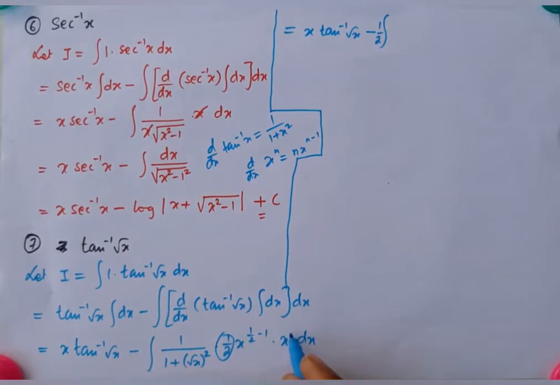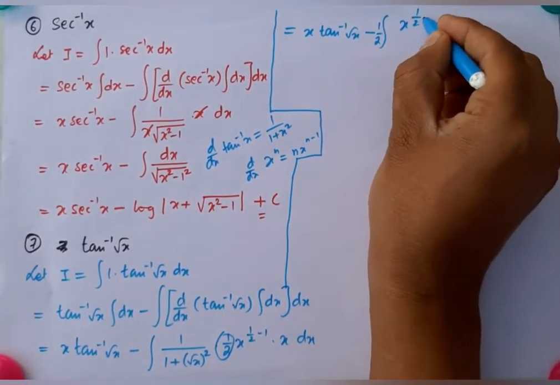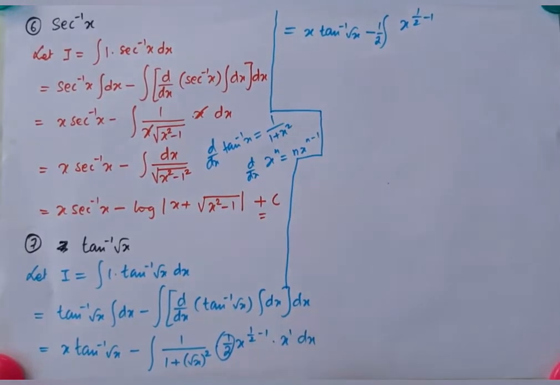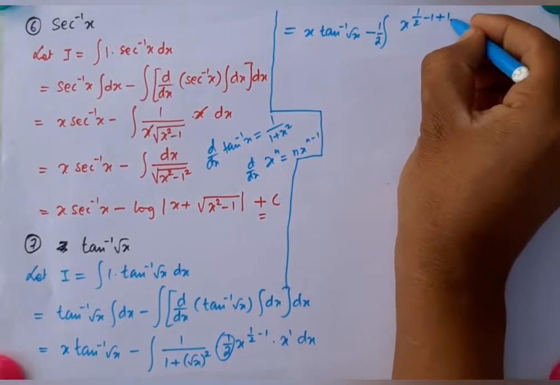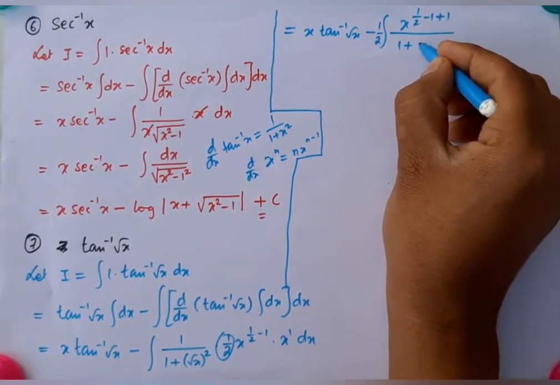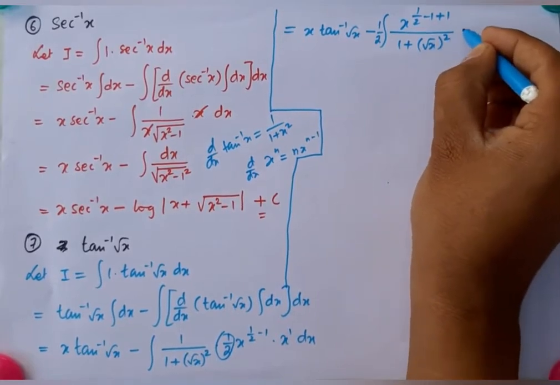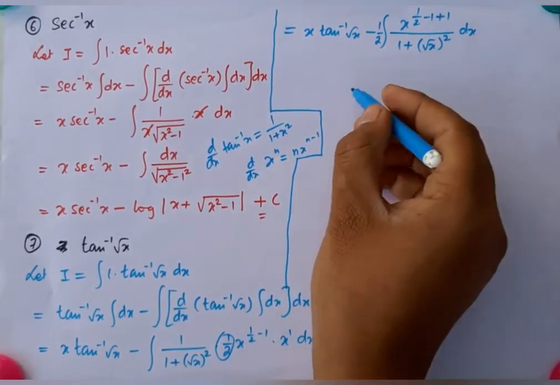X to the power 1. I hope you are understanding what is this. So what you can do here is, x to the power half minus 1 is already there, right? And what is the power here? It is 1. So you can just add it. Divided by 1 plus square root of x whole square. We'll keep it as it is because you will see soon why I am keeping it like this.